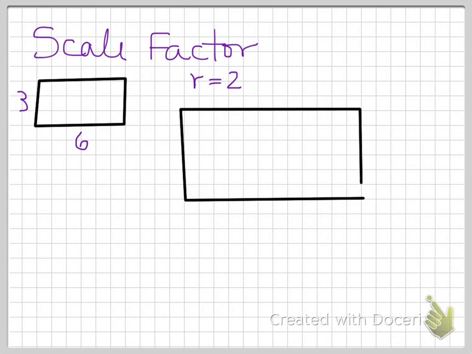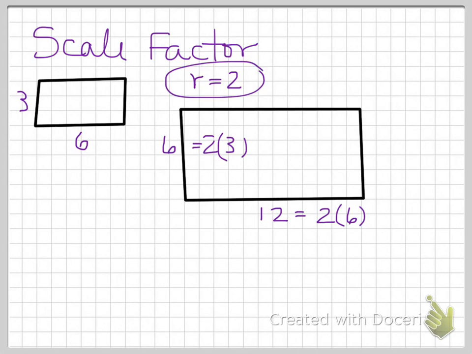So I'd end up with a rectangle that is 6 by 12. And 6 is 2 times 3, and 12 is equal to 2 times 6. Okay, so all the dimensions increase by 2. So that's a scale factor, R equals 2. You've done this before.